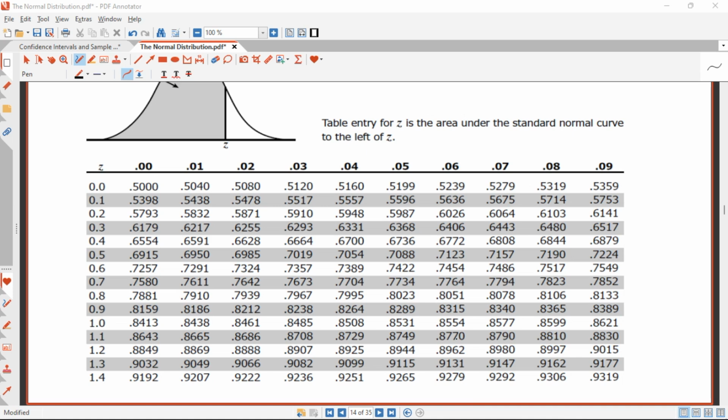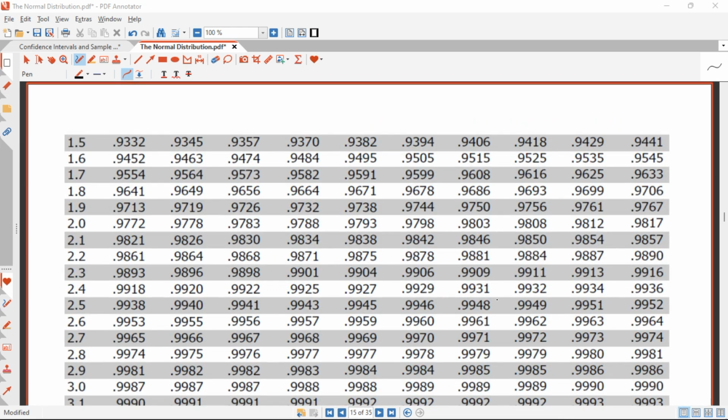So here we are locating the positive z table. Through the probabilities, we are just going to locate where we can see 0.99. You can see clearly that our 0.99 lies between 0.9898 and 0.9901.